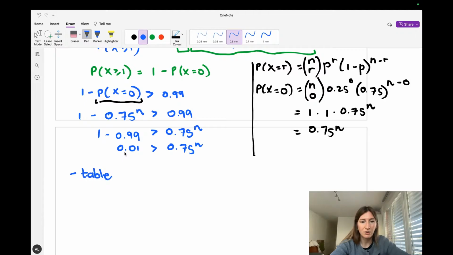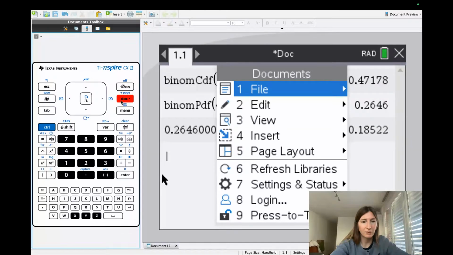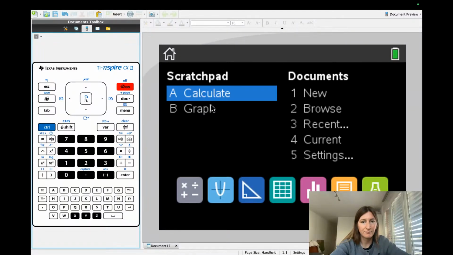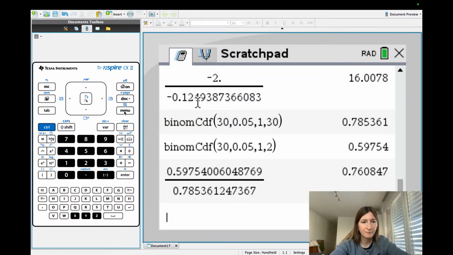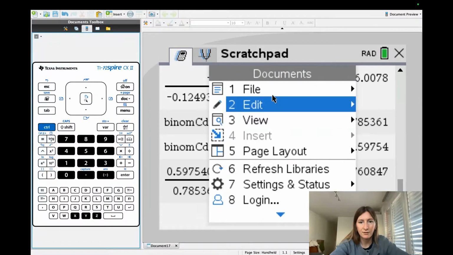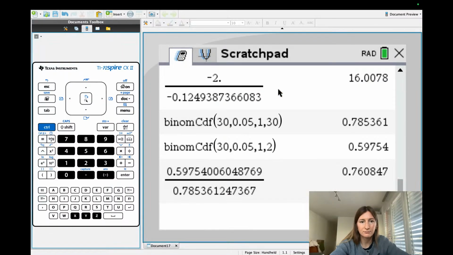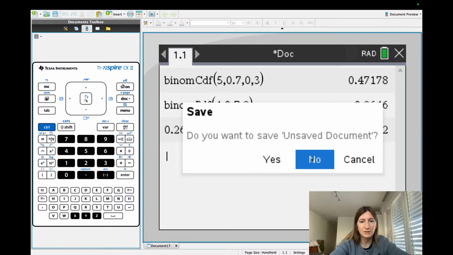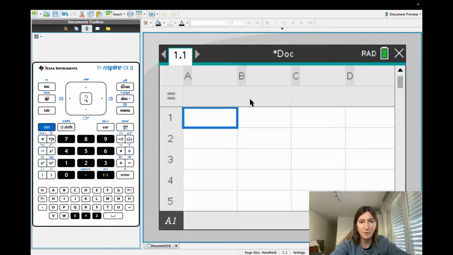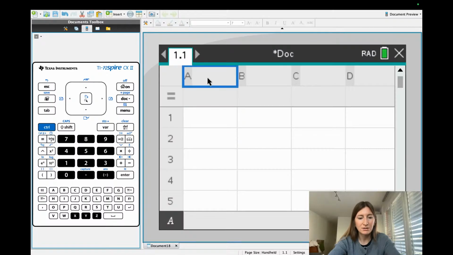So what we're going to do is go to the menu and make a new one. I'm not going to save that. Okay, I want to add lists and spreadsheets. Now, this is a really cool method for many, many questions. It's going to help a lot when you need to recognize the least value of n or maximum value or things like that. Okay, I'm going to label this.